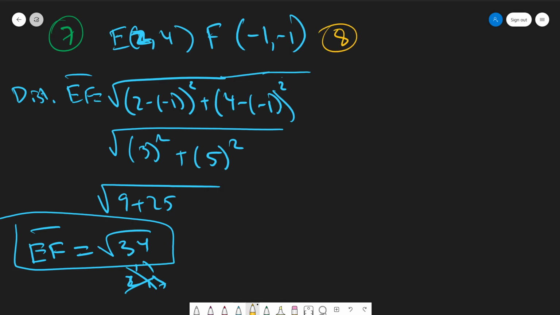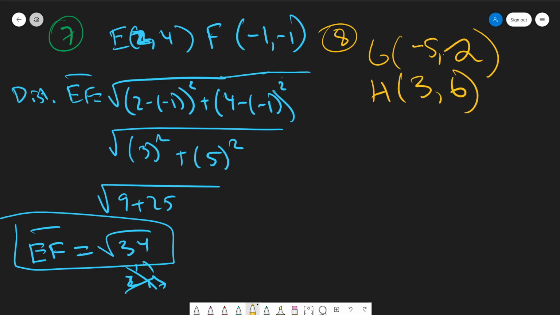Alright, number 8. We've got G, which is -5, 2. Holy cow, my 2's are bad today. -5, 2. And we've got H, which is 3, 6. If it's helpful, you can label up, but this one I'm going to do by feel. So I'm going to do the vertical component.